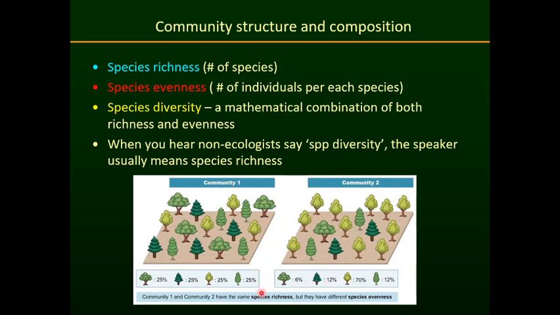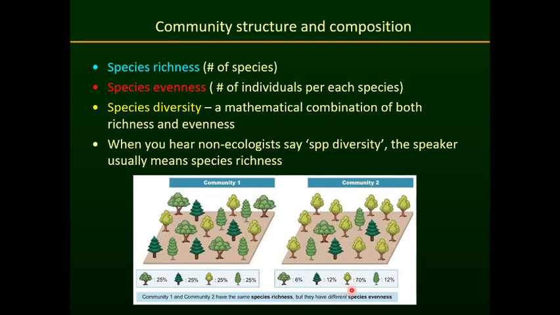So what this illustrates when you run the numbers is that for community 1, you've got a relatively even distribution of the numbers of organisms per each species, right? It's equal, the numbers of trees that are in each of these 4 species categories. But over here, we've got one tree species that's really common. It's this one that's got the yellowish canopy here. It's 70% of all trees.